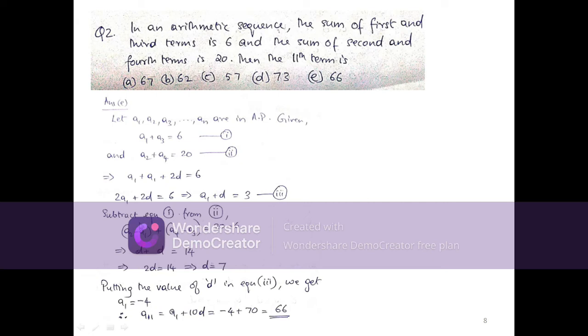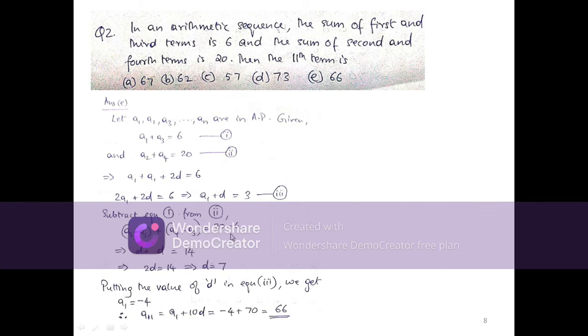Otherwise, you subtract equation 1 from equation 2, that is a2 minus a1 plus a4 minus a3, equal to 20 minus 6.